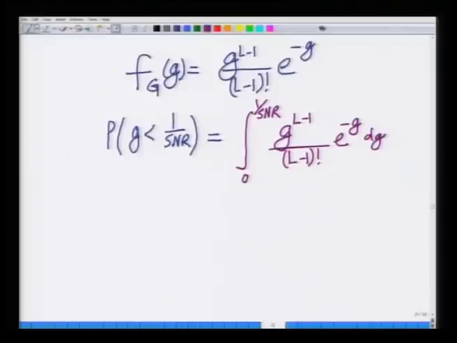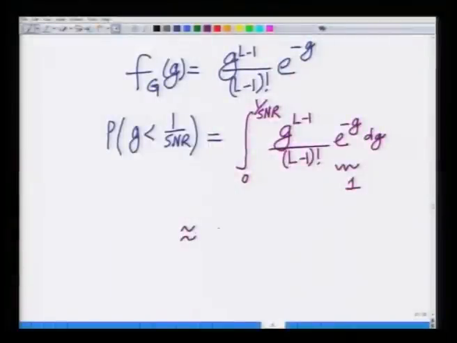So, the wireless channel with multiple antennas is in a deep fade when G is less than 1 over SNR. That probability can be determined by integrating the probability density function between the limits 0 and 1 over SNR, and the density is G power L minus 1 divided by L minus 1 factorial times e power minus G dG.